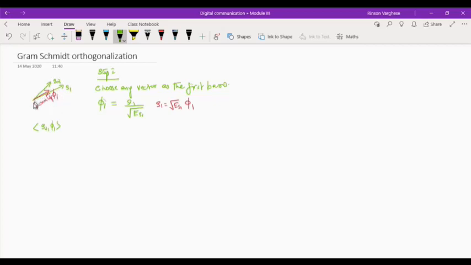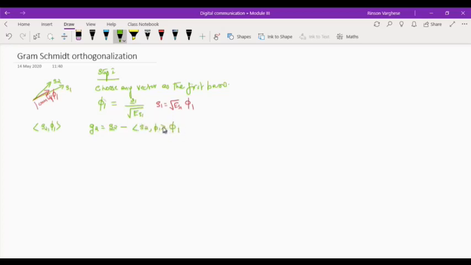Now what you do is construct a new vector G2. It is nothing but S2 minus the inner product of S2 and phi1, into phi1. So these are the vectors, S1 is also a vector. The inner product is the length of the vector and phi1 is the direction.